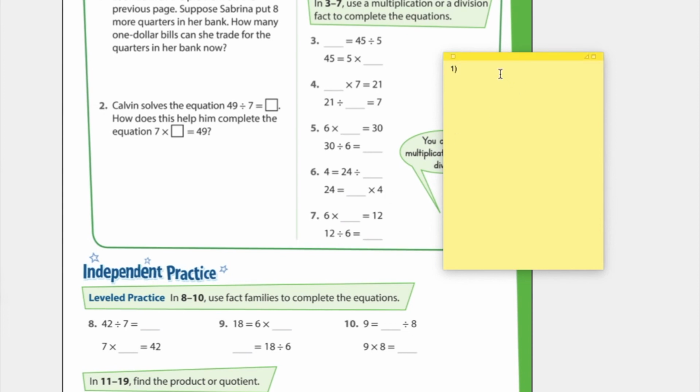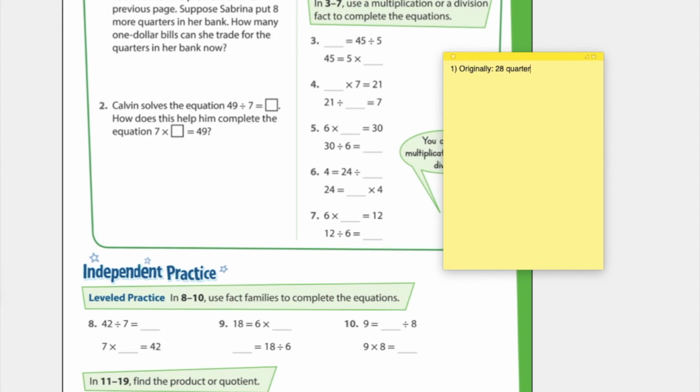So number 1, look back at the problem on the previous page. Suppose Sabrina put 8 more quarters in her bank. How many $1 bills can she trade for the quarters in her bank now? So originally, on page 142, originally Sabrina had 28 quarters.